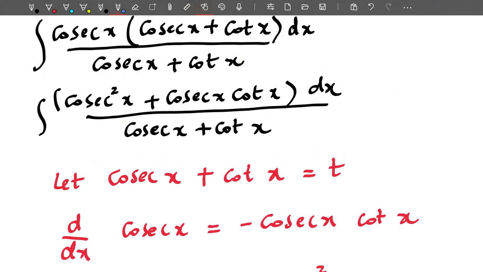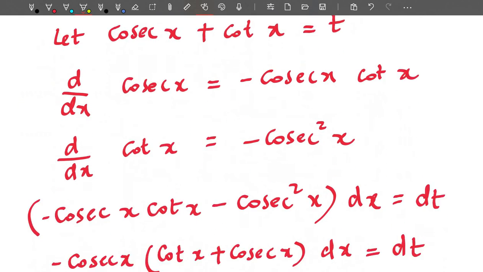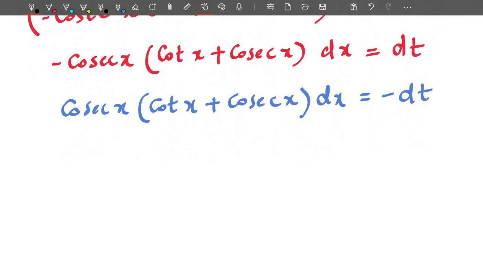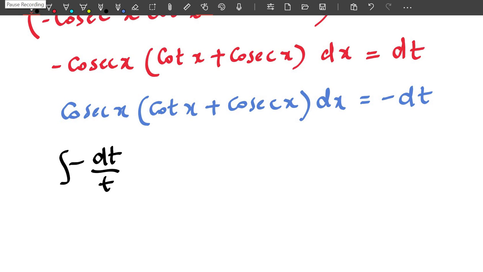Okay, so therefore, this part which we are talking about will become minus dt divided by t. Okay. So which is giving us minus log t plus c.